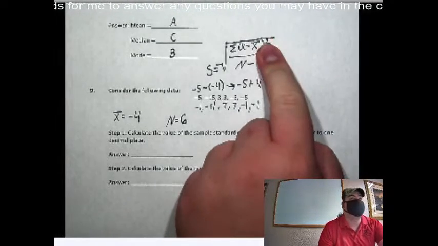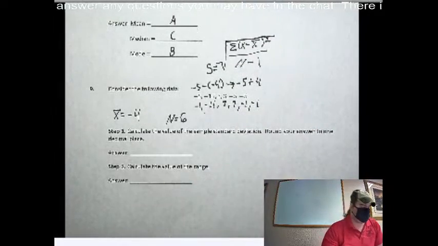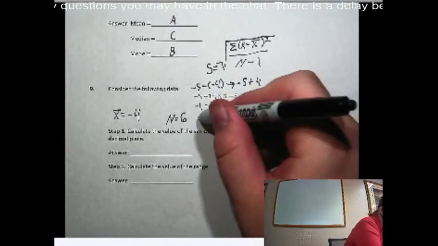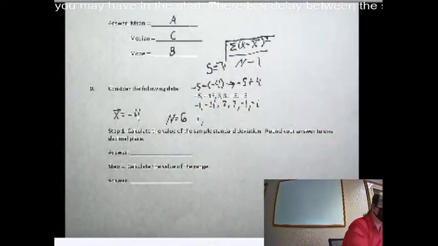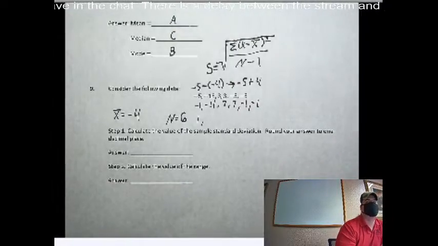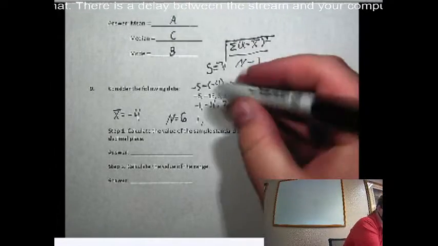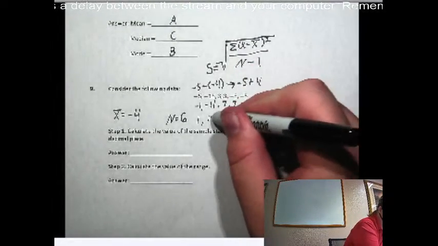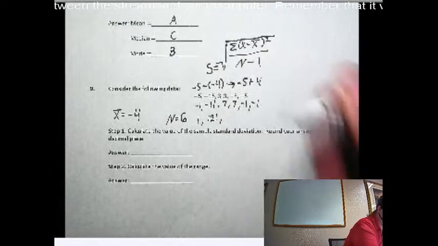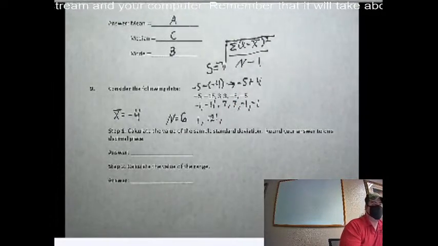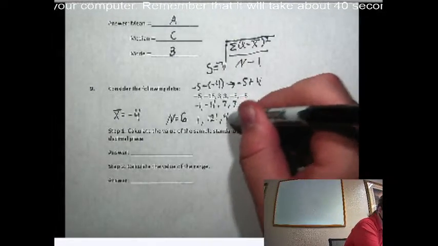Now we need to square them. So negative 1 squared is 1. Negative 11 squared is 121. 7 squared is 49.